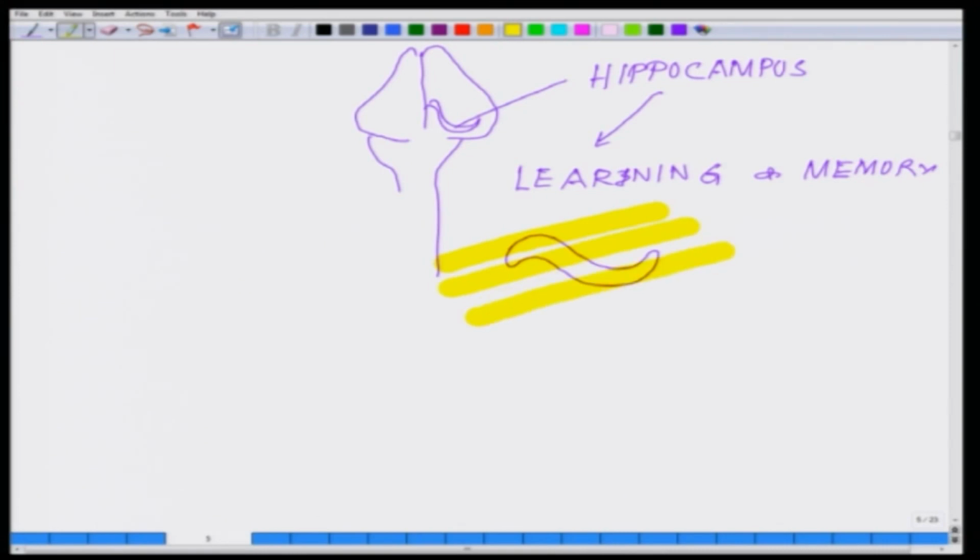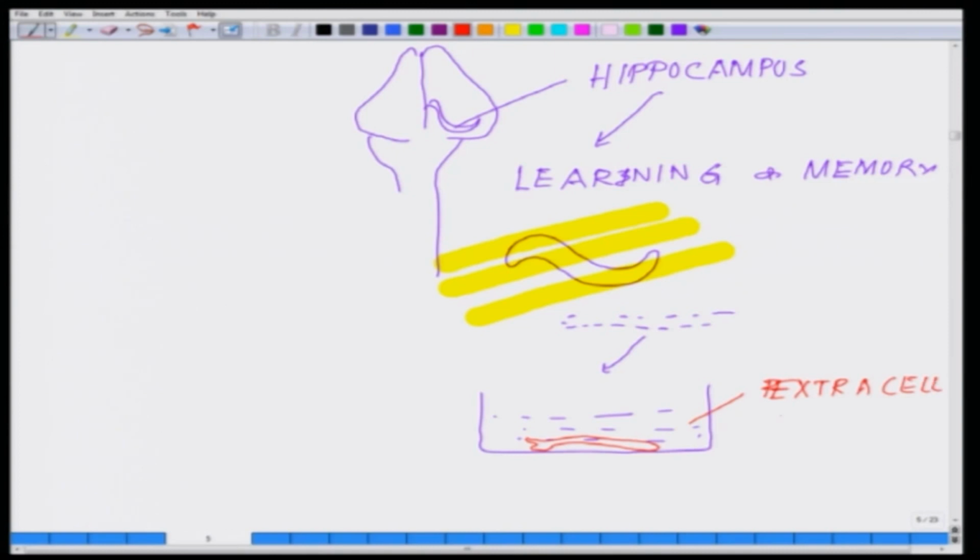So, you can make slices in different ways. What you essentially get are very thin tissue like this, and then you put them in a chamber emulating the condition of the brain, like if the tissue is sitting like this. So, here is the extracellular fluid with different energy source to make this tissue survive, and already the cytoarchitecture is all maintained.